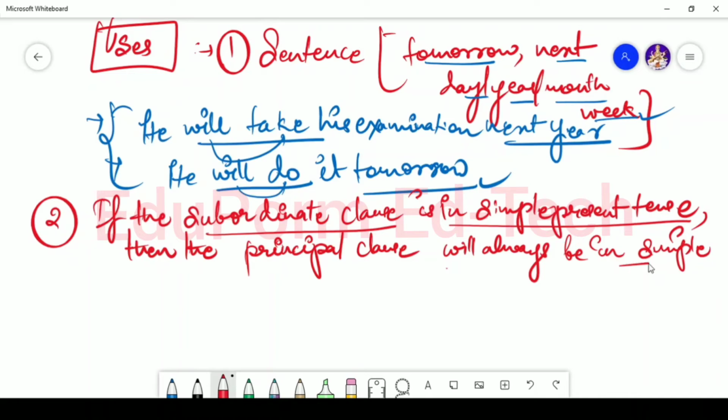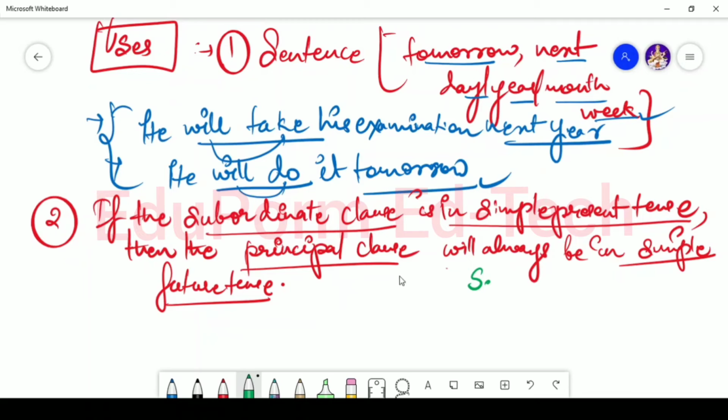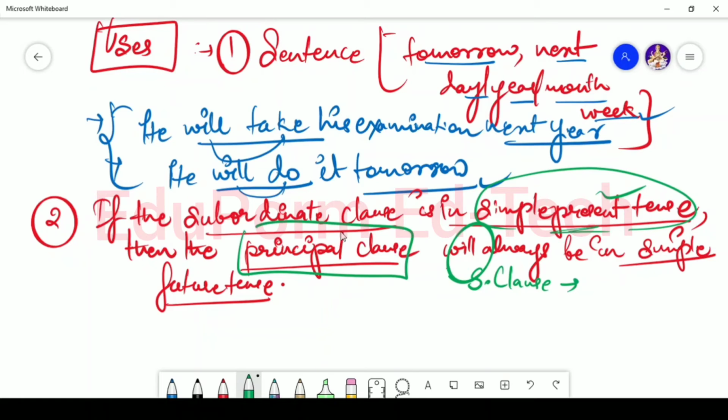It basically wants to establish that the subordinate clause will make use of simple present tense, while the principal clause will make use of simple future tense.